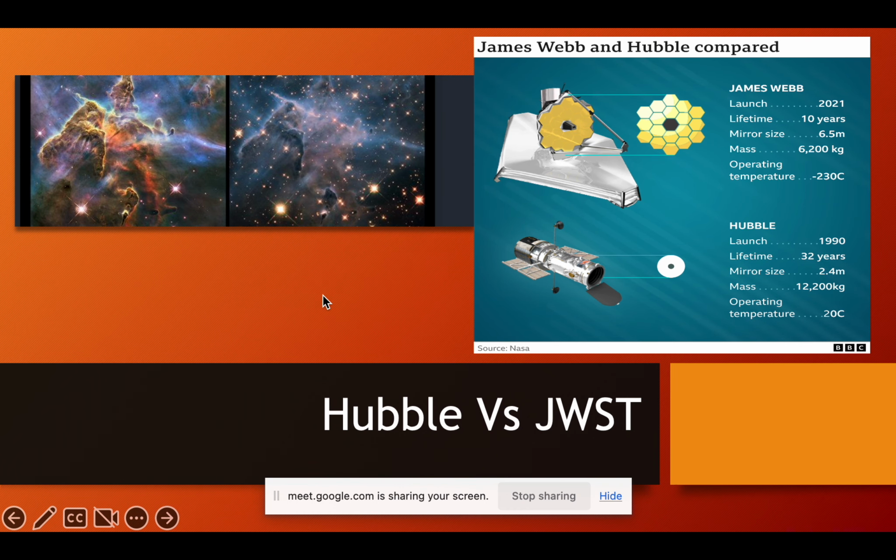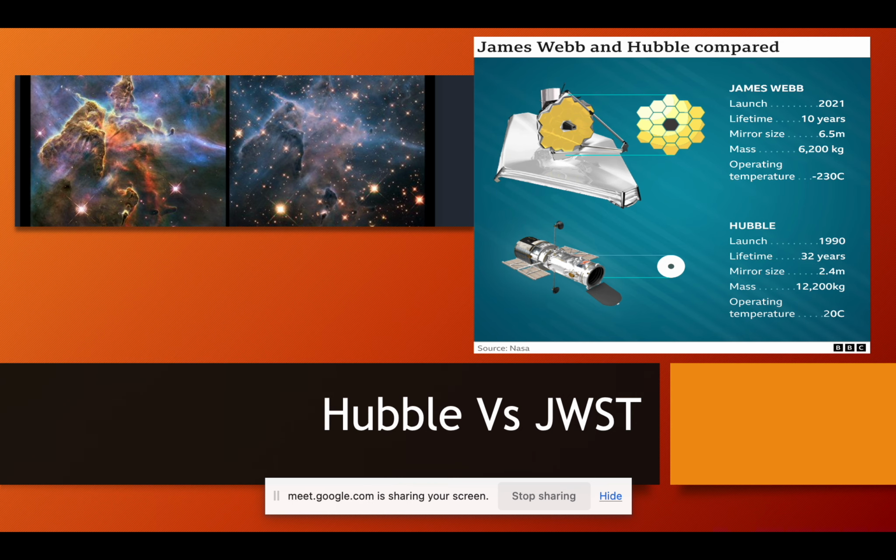So, like I said, we've already compared Hubble and James Webb. Hubble operates at a temperature of barely 20 degrees, so it has a very long lifetime. The problem with James Webb is that because it's an infrared telescope, and the Earth and so on emit a lot in the infrared, we need to cool the telescope.